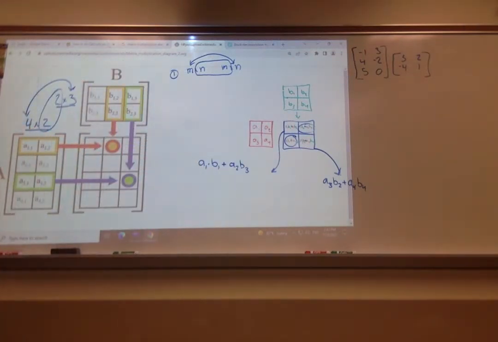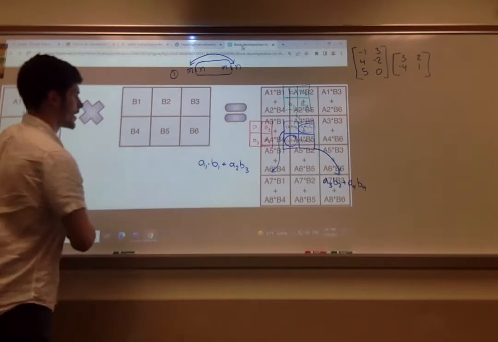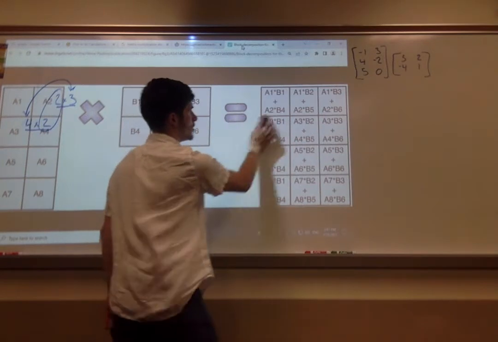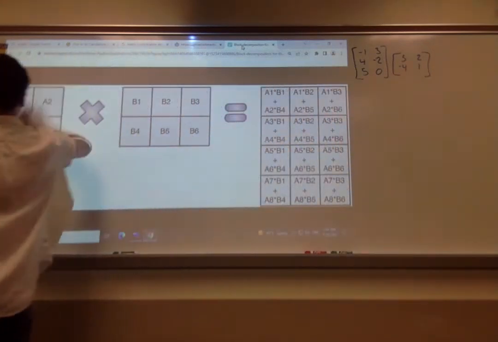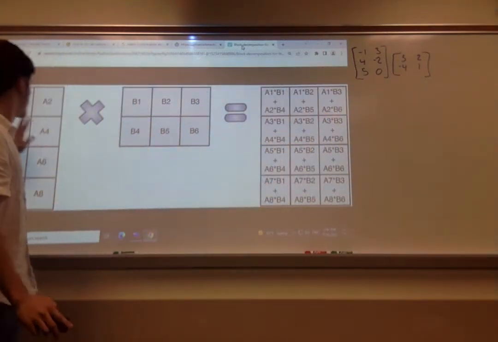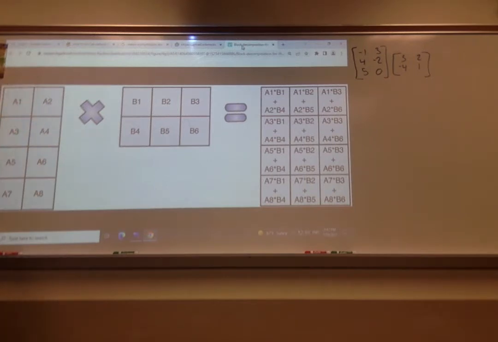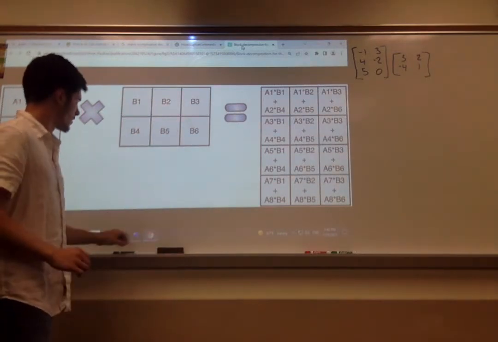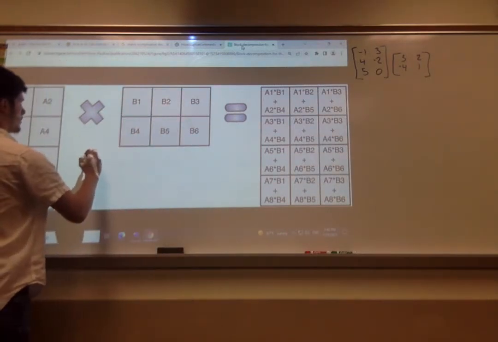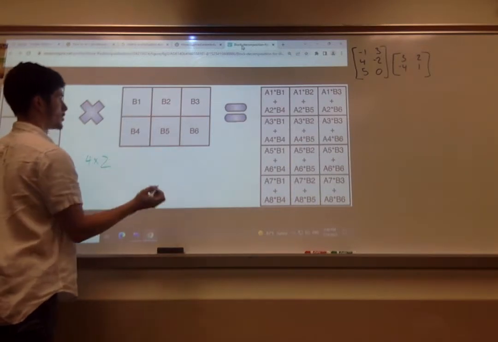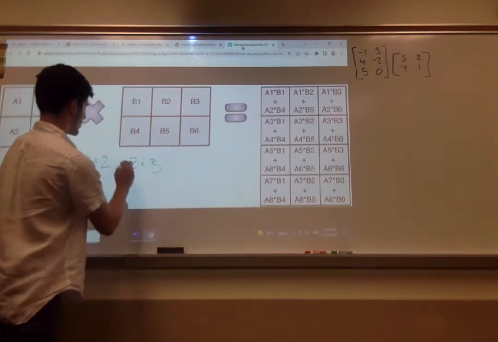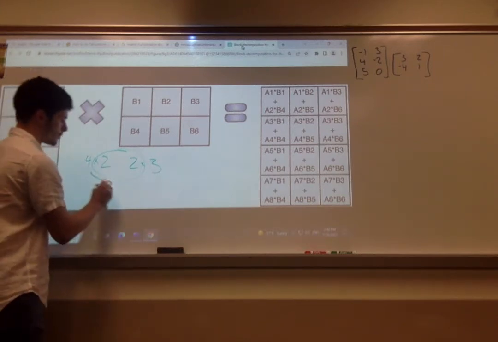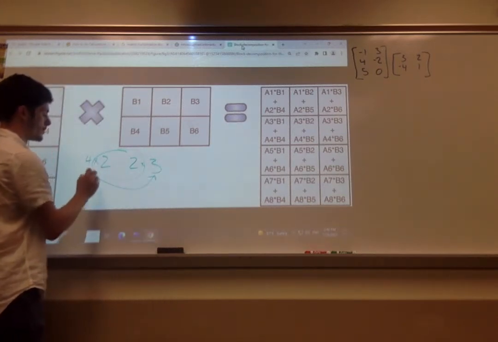I believe I have one more diagram here for you that says a similar thing, as I erase all of this. Over on the side here, you can't see all of it, but it's a 4 by 2 matrix again, times a 2 by 3 matrix. Like we said, those 2's are the same, so we can multiply them together, and our product matrix is going to be a 4 by 3.